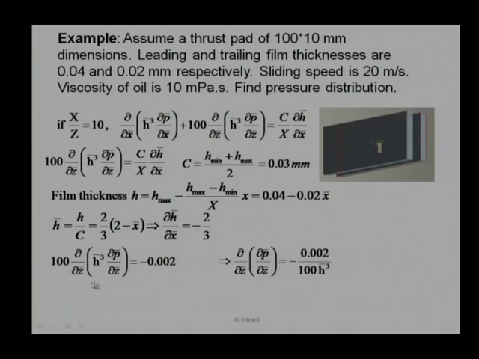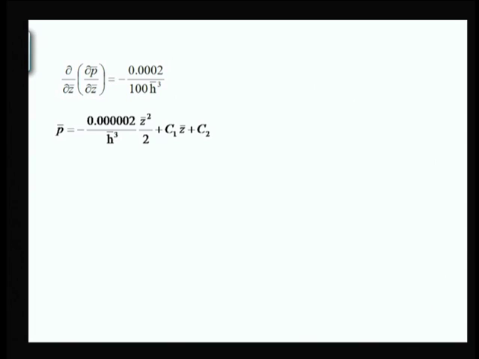We can simply take out h cube, rearrange this equation, and this is a constant. Integrate 2 times, and after 2 times integration what we get here is z bar square divided by 2 plus an integration constant. As the integration constant, first we can multiply with z bar, and then integration constant 2.